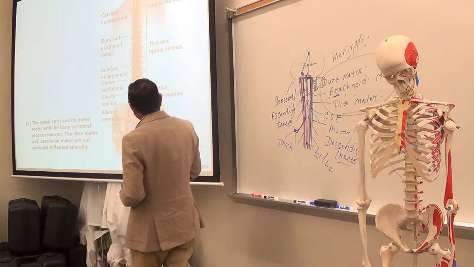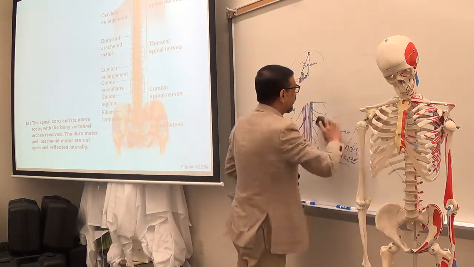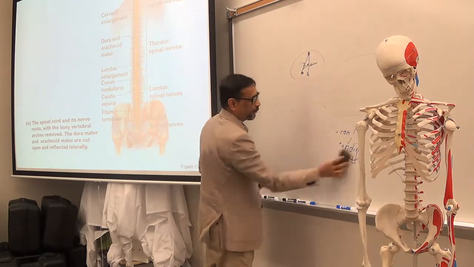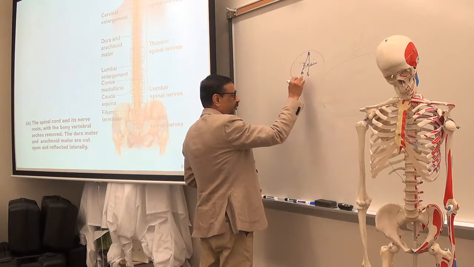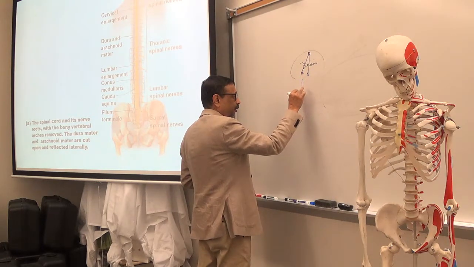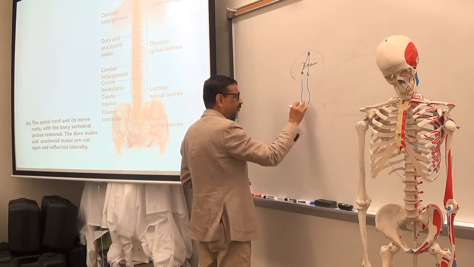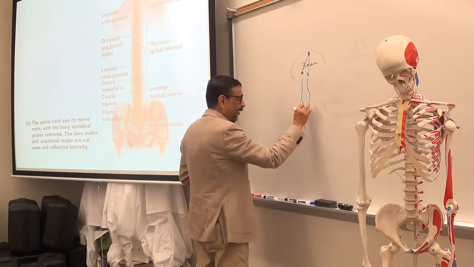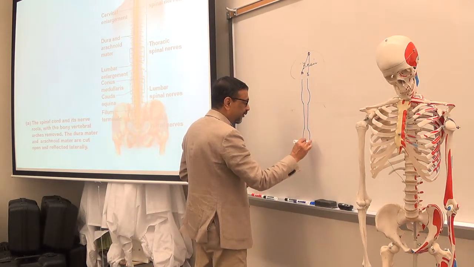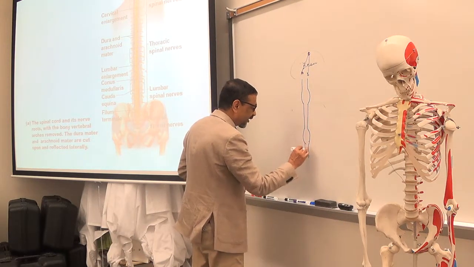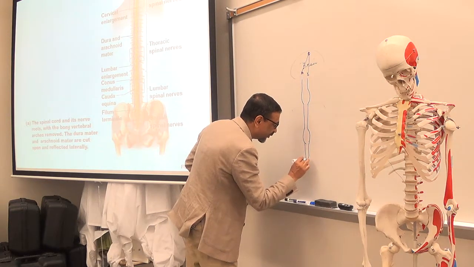Now, let me draw here. So this is the spinal cord, a little bit enlarged in cervical, and then another enlargement in lumbar, then it goes down like this, and the lower end of the spinal cord is cone shaped like this.